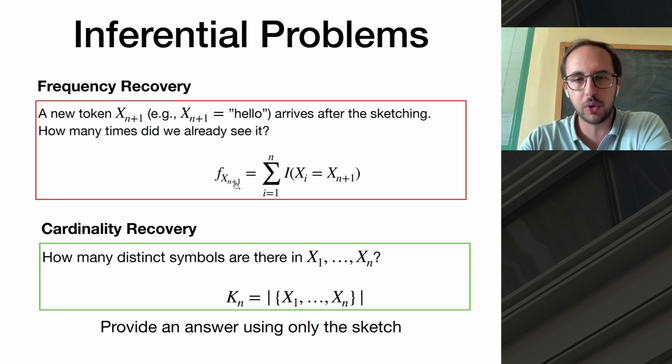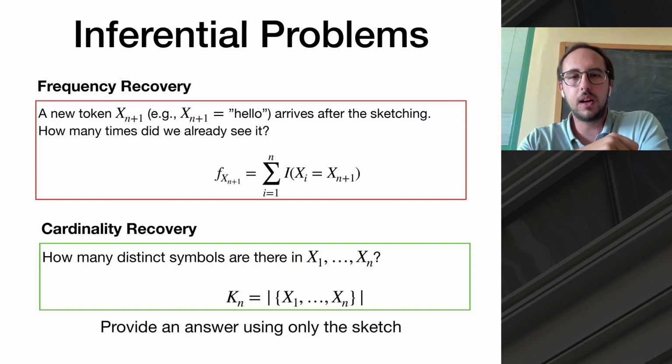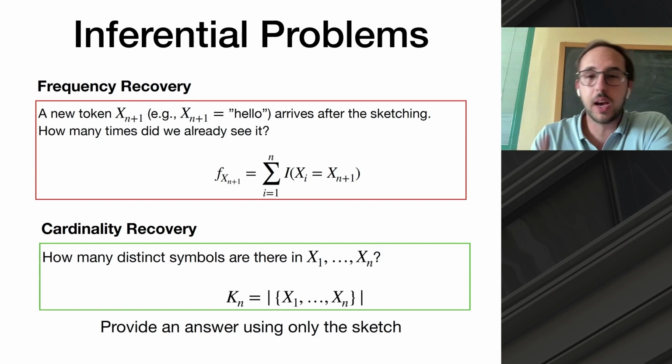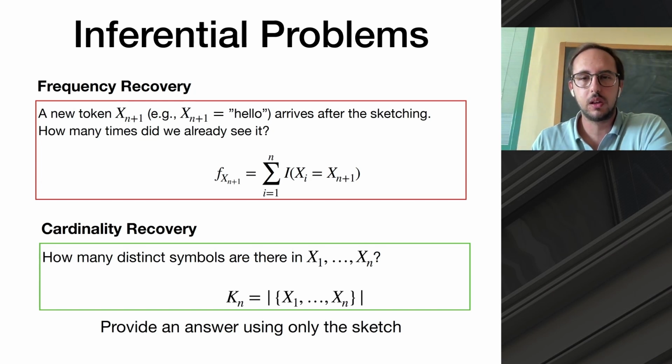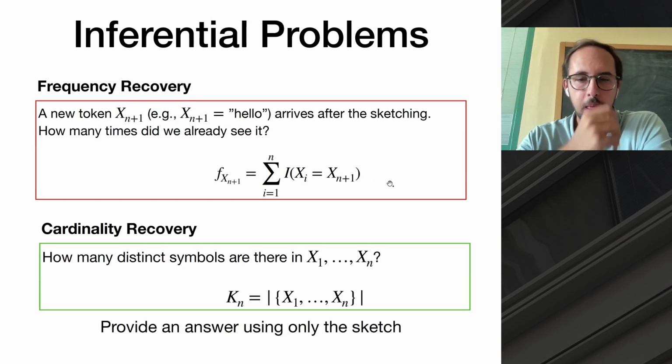So we want to estimate the frequency of x_{n+1}. And of course, this is a recovery problem, meaning that if I had access to the whole data set, this wouldn't be a problem at all. I would just need to be counting. The problem arises from the fact that I don't have any more access to x1 to xn. I only have the sketch and x_{n+1}.